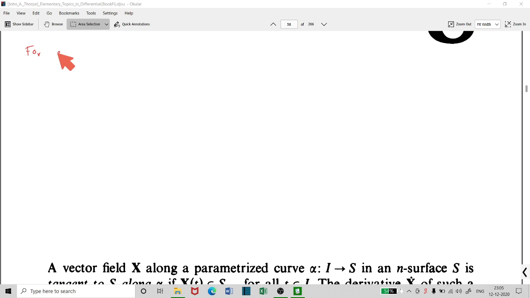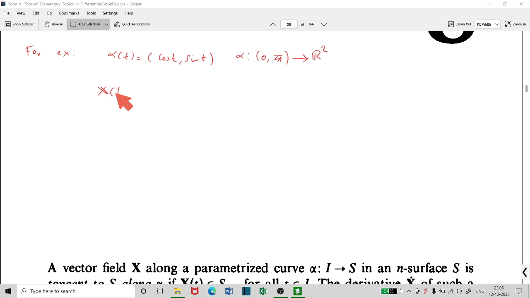For example, we consider a vector field as a velocity vector field. If alpha is a parameterized curve defined as (cos t, sin t), a function from the open interval (0, pi) to R^2, then the velocity vector field of this defines a vector field on R^2.